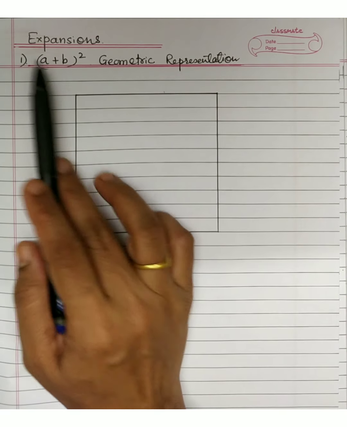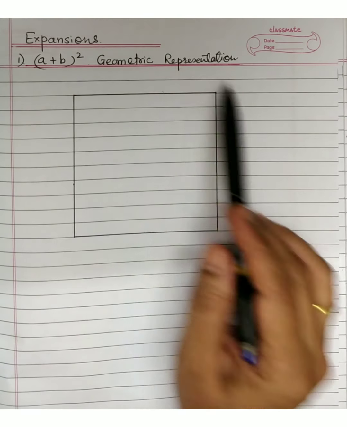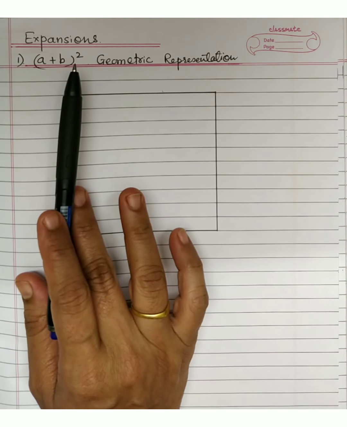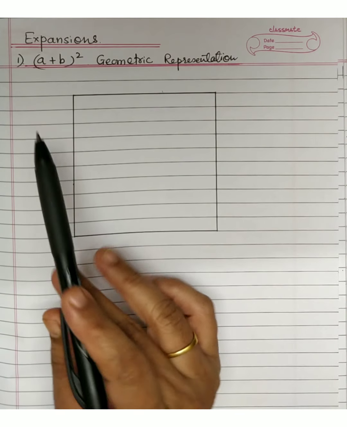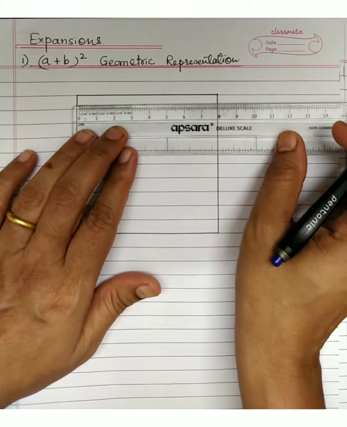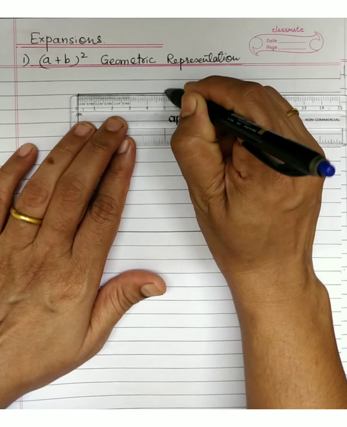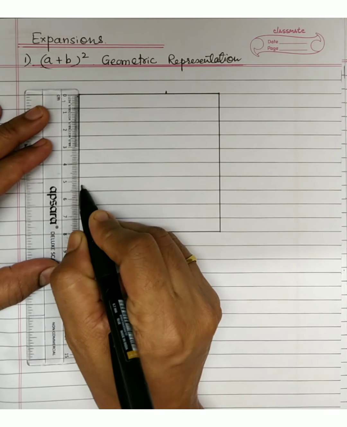So for the geometric proof of this formula, imagine a square whose side is of length a plus b, any two variables a and b. You know that the area of the square is the side square. I have already drawn a square here. Now I will mark some lengths on it. Similar lengths I will be marking here also.